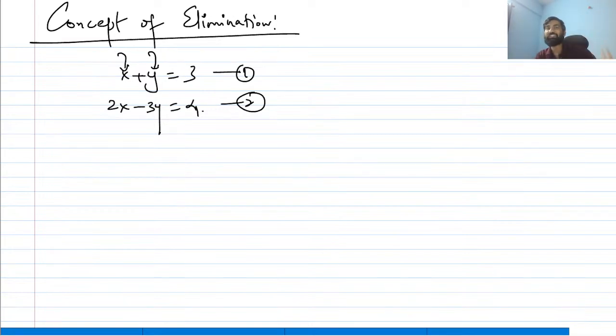How can you delete one? Suppose you want to delete this x from here. What will you do? You will take 2 and multiply it in equation 1, so you will write 2x plus 2y equal to 6. If you want to eliminate this x from the equation, you will make these two terms the same.